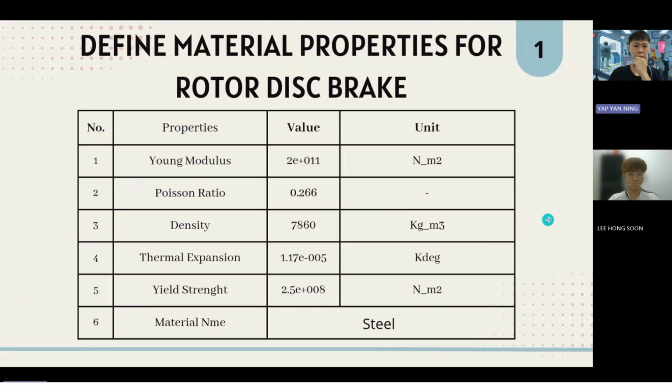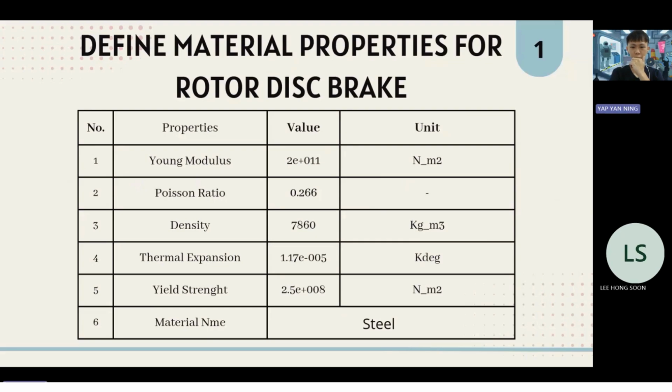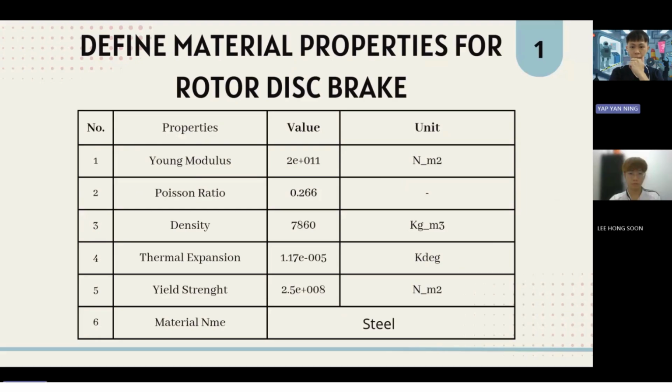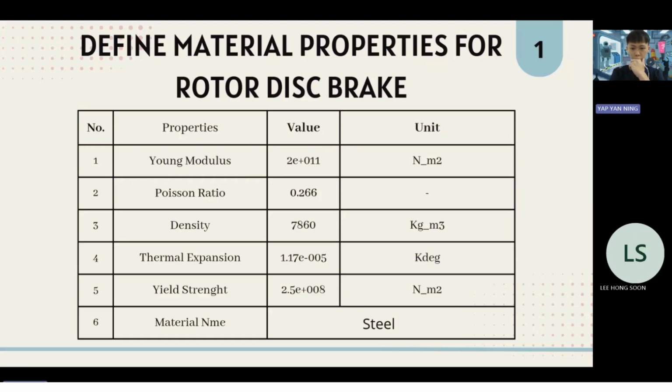What we can see from here is the Young's modulus after the calculation from the software CATIA. The Young's modulus for our disc brake is 2 times 10 to the power of 11, where the unit is Newton per meter square. The second one is the Poisson ratio, which is 0.266. The density is 7,860. The unit is kilogram per meter cube.